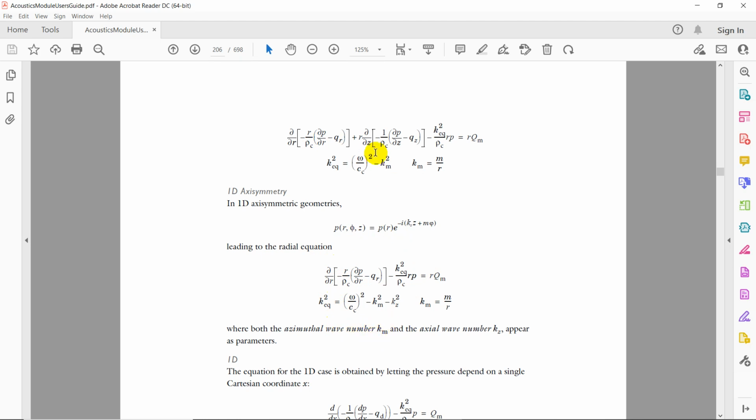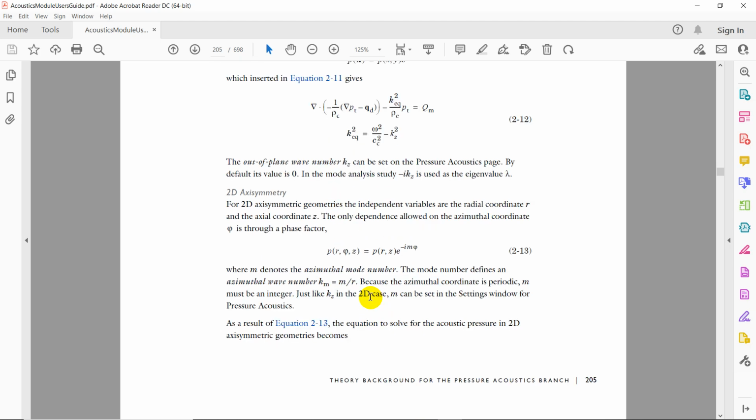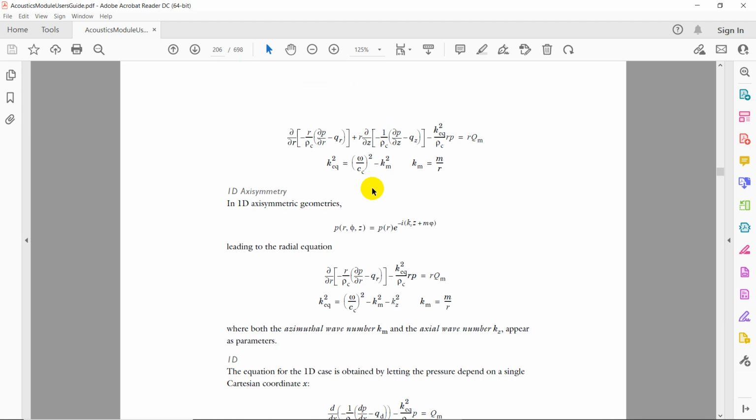In the axisymmetric case the equation will be similar to the equation we have shown here. There will be a k equilibrium, and the expression for the k equilibrium will be this, and in your axisymmetric case the expression will be this, where k_m will be m by r, and you will get this m from this particular equation.